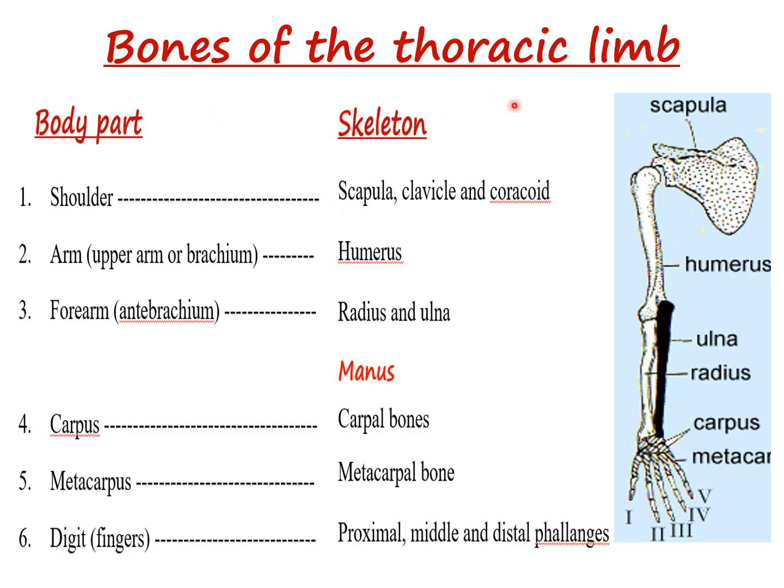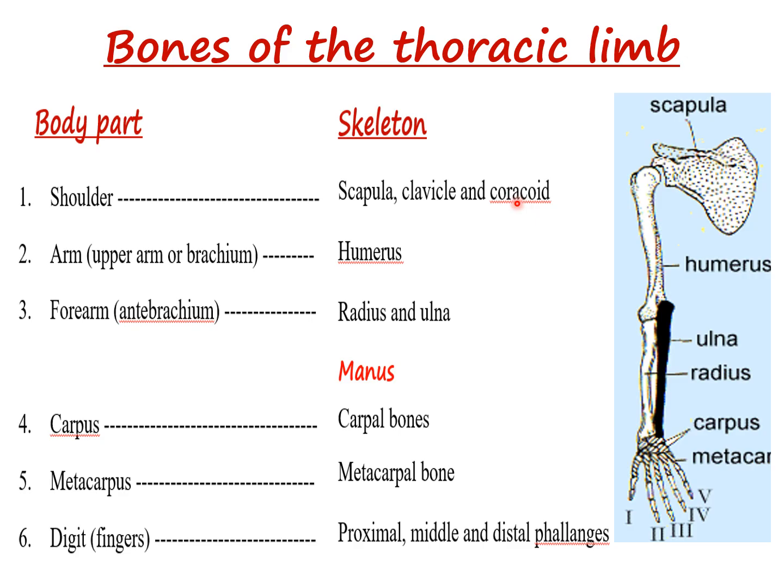Now, the bones of the forelimb are classified or grouped as follows. This is the body part, and this is the skeletal structures found there. The bones that make up the shoulder include the clavicle and the coracoid, generally speaking.